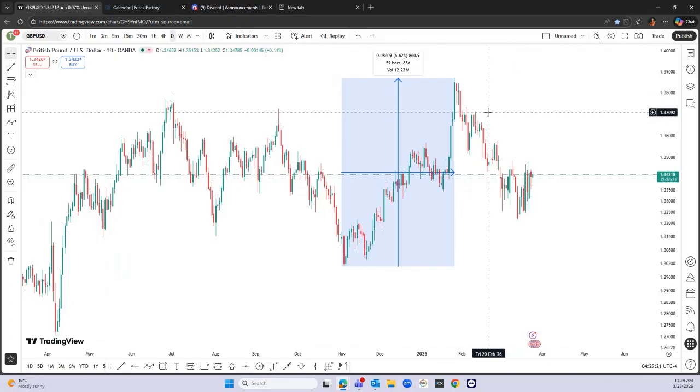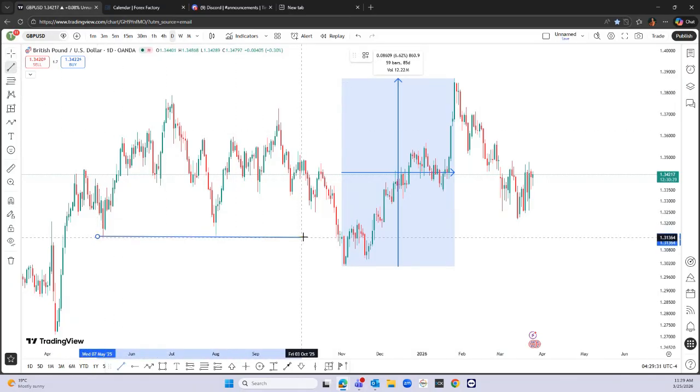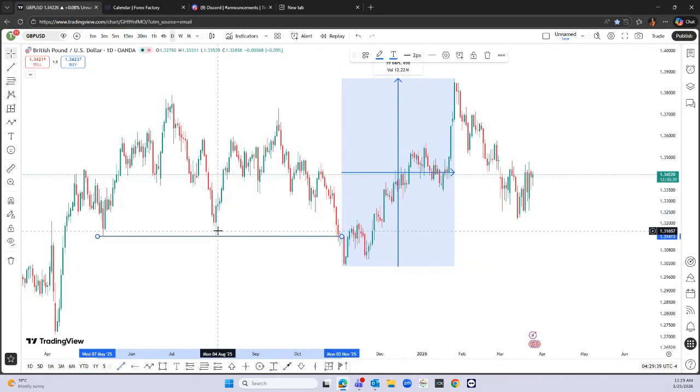Now, with that understanding, we are also looking at the liquidity targets. Remember, I did a video about liquidities. Here we have equal lows, and the market comes and sweeps the equal lows. These equal lows are the sell side liquidity.